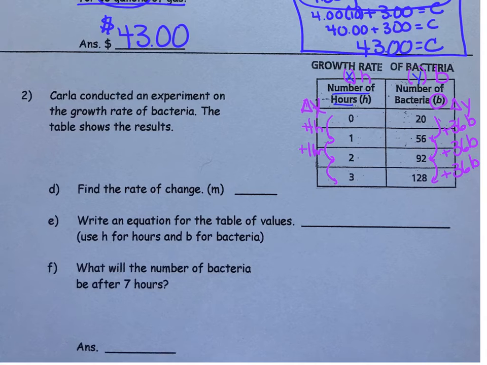So when we want to represent the rate of change, our slope, it would be 36 bacteria per every 1 hour. When we divide, we get 36. That's our slope, our rate of change, or our M value.